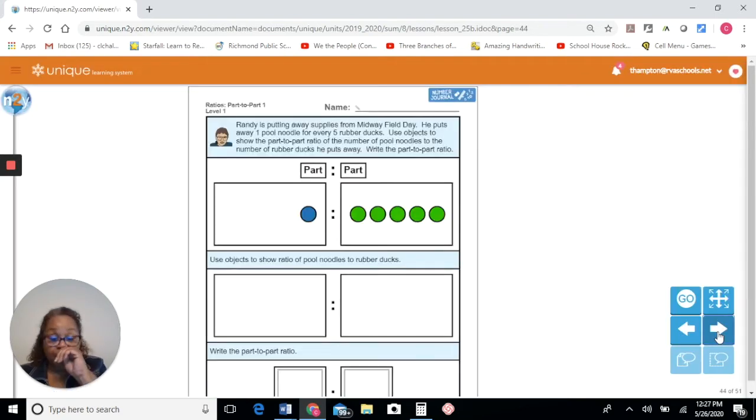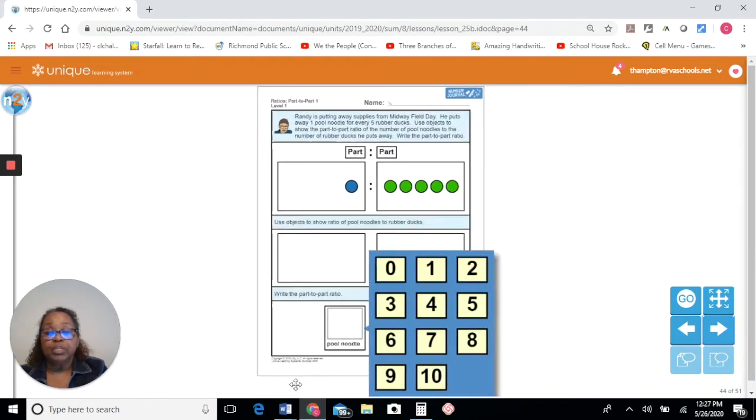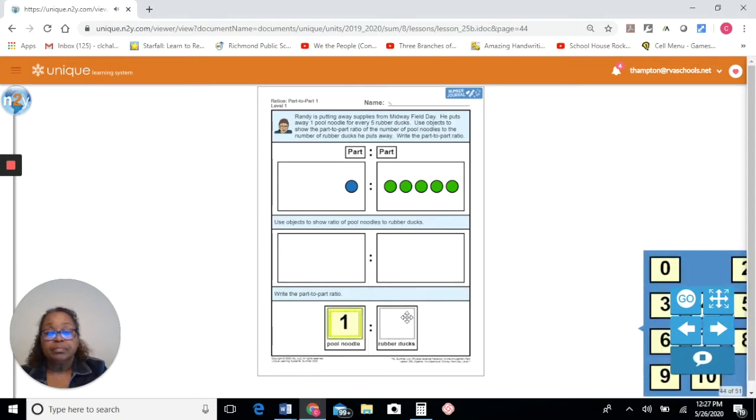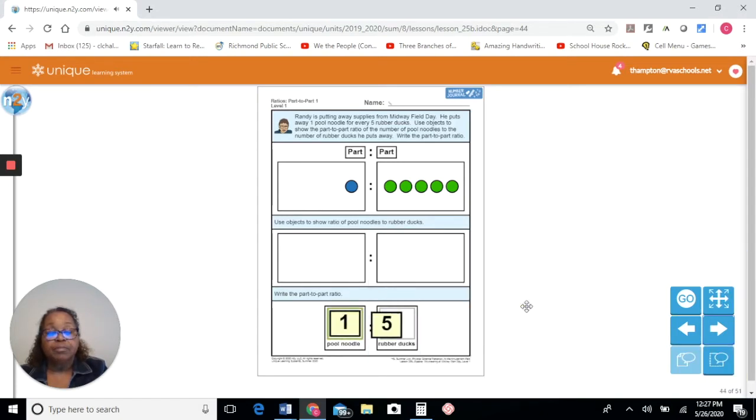Let's see if we can represent that. We can also show with just using a dot for each one. One dot represents the noodle to every 5, 1 to 5. And the ratio would be written 1 to 5. And we're talking about part-to-part ratios.